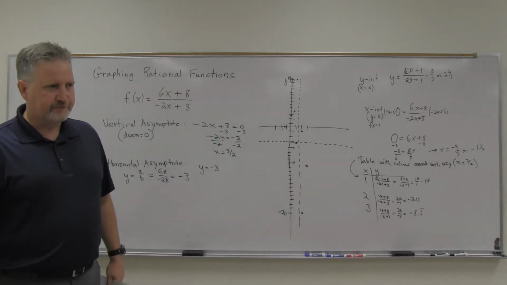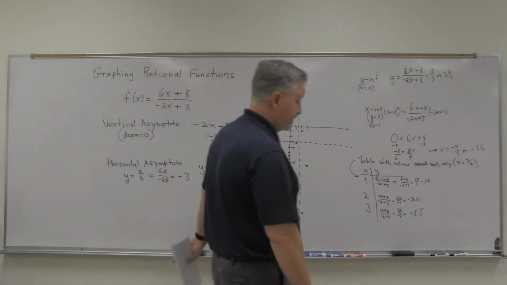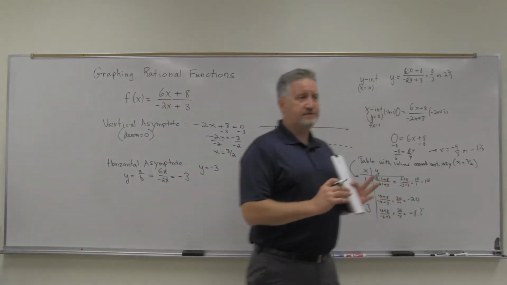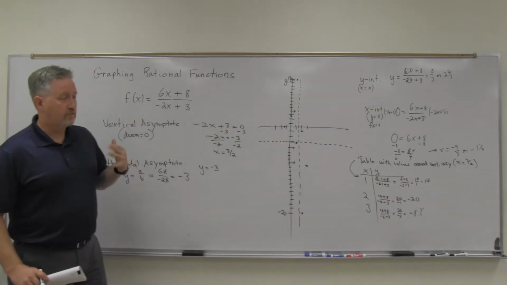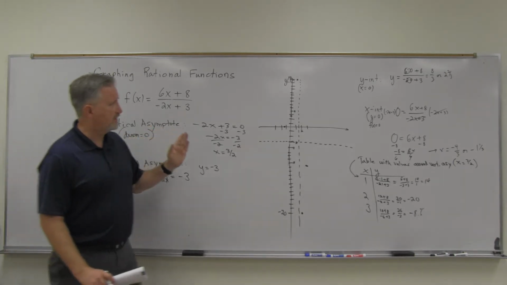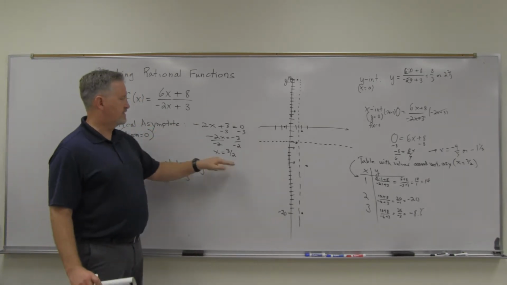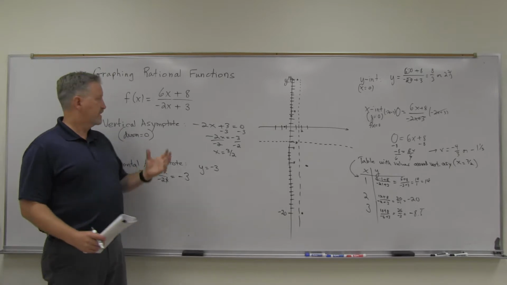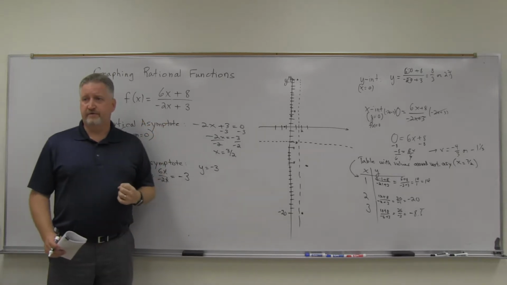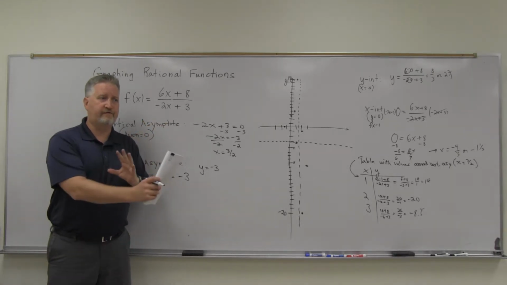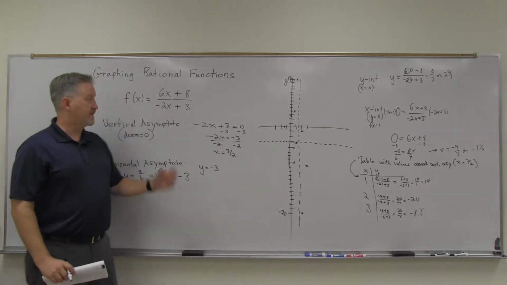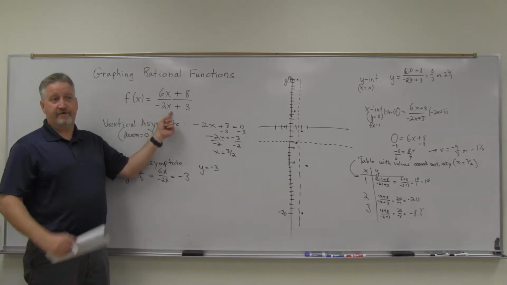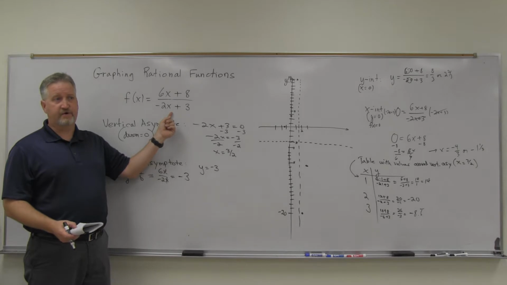Okay, so here's how that helps me. What I saw on our previous work was that the vertical asymptote, it's a vertical asymptote because that's where the denominator equals 0, and I can't cross that line because that would make the denominator 0, and that's not a defined expression.